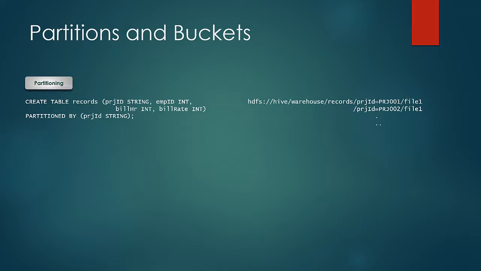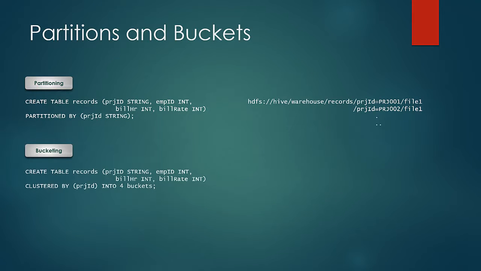Then there is another way of division of data which is known as bucketing. For that, the syntax would end with the clustered by clause specifying the column name on which the bucketing needs to be performed and the number of buckets the data needs to be divided into.